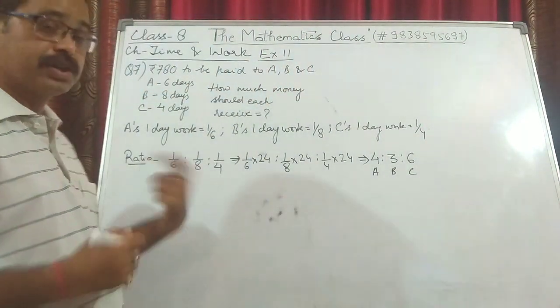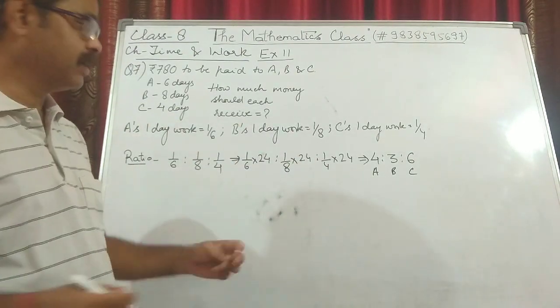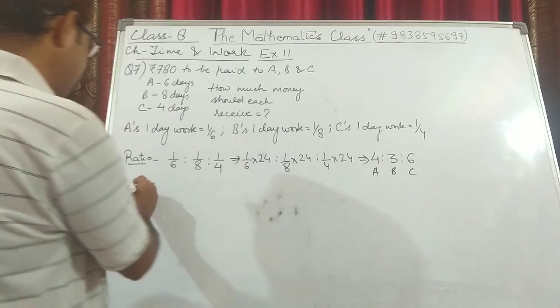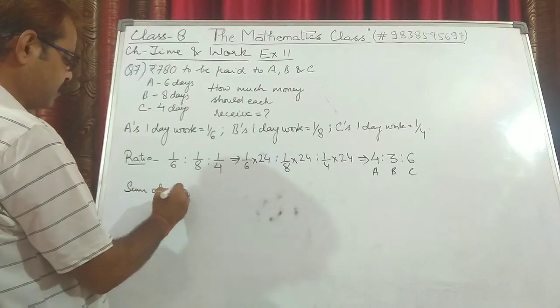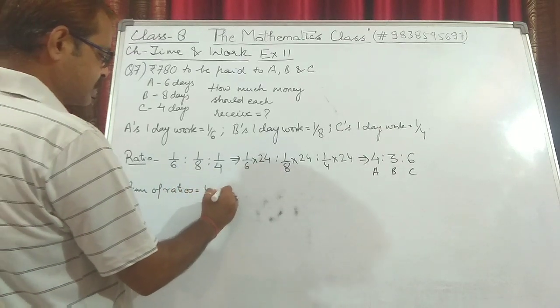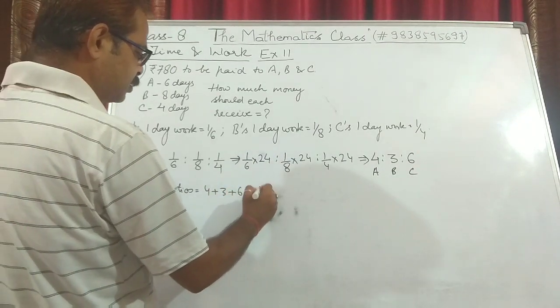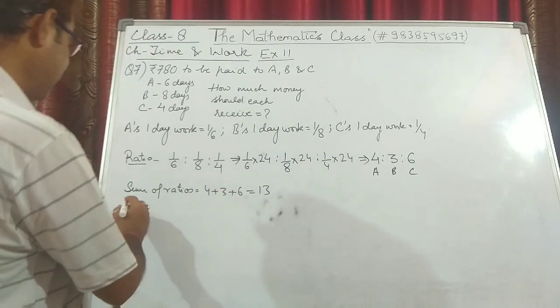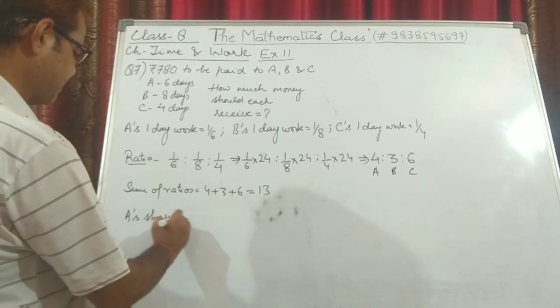Now we'll find out the share. How do we find out the share? We add the total ratio, so the sum of the ratios will be 4 and 6, 10, and 3, 13. Now A's share.